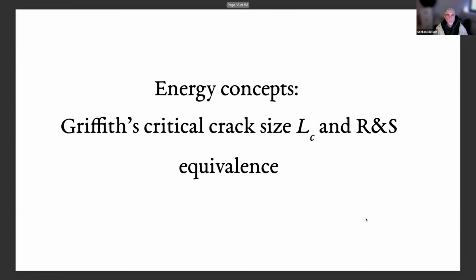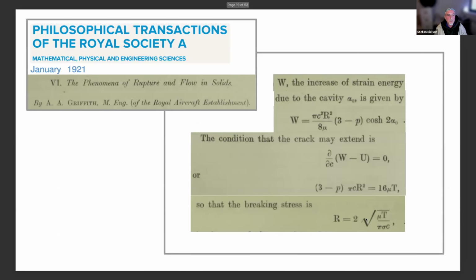So first, a few energy concepts. It's been about 100 years since Griffith wrote his seminal paper on how cracks become unstable and start to propagate. And it's based basically on his paper. It's essentially three equations. The first one gives the amount of energy that's liberated by forming a crack.